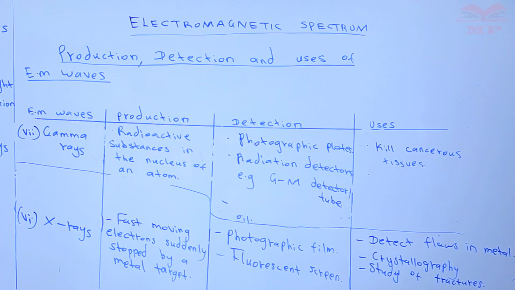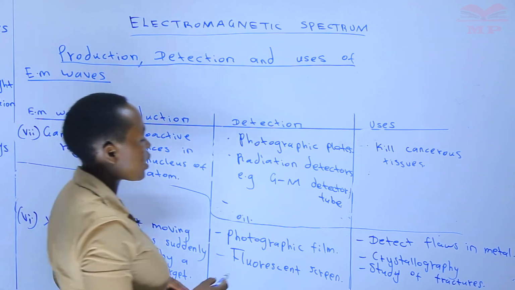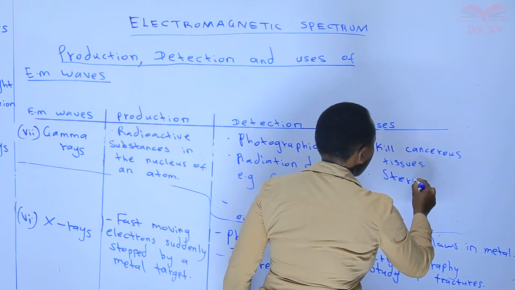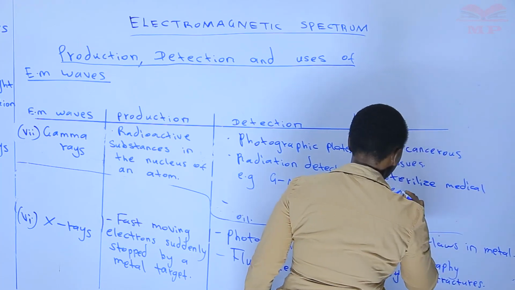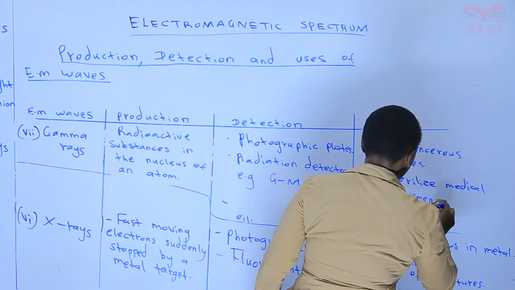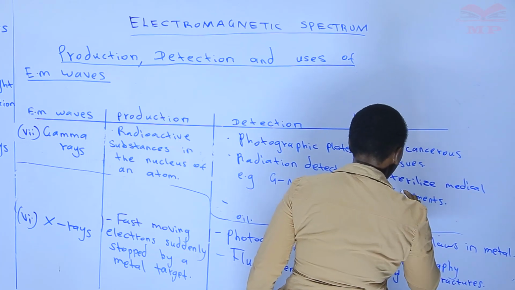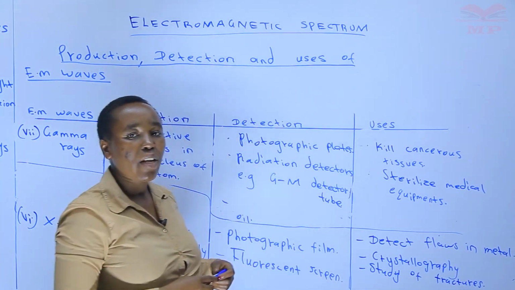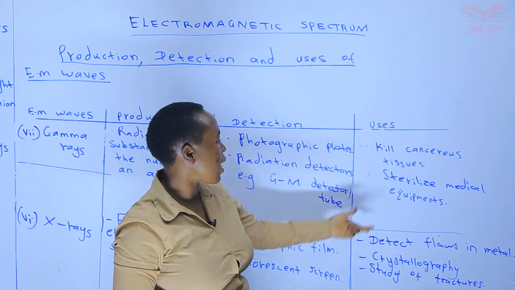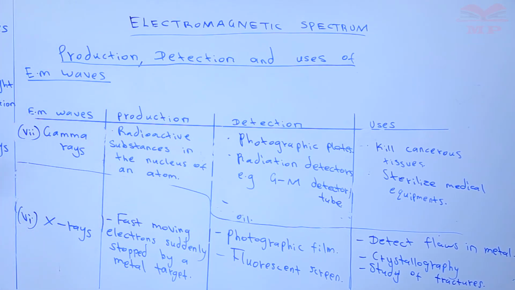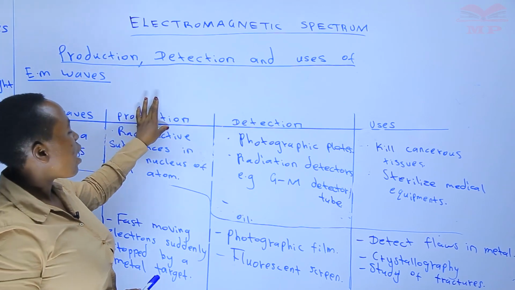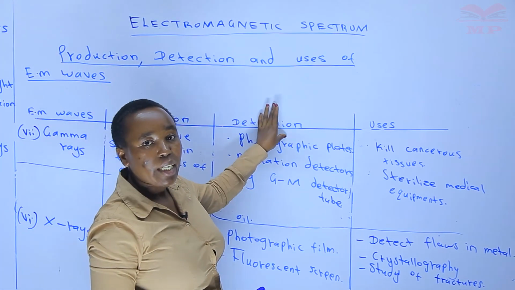They can also be used to sterilize medical equipment. And this is due to their high energy. Due to their high energy, they are able to kill the cancerous tissues, and they are also able to sterilize the medical equipment.